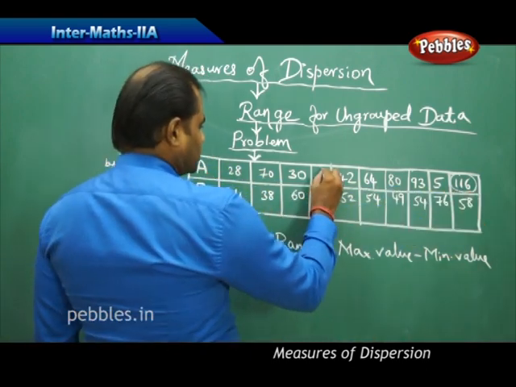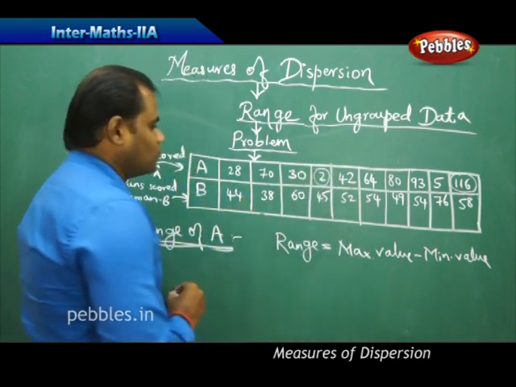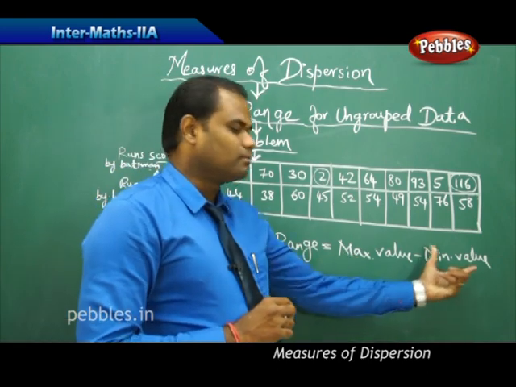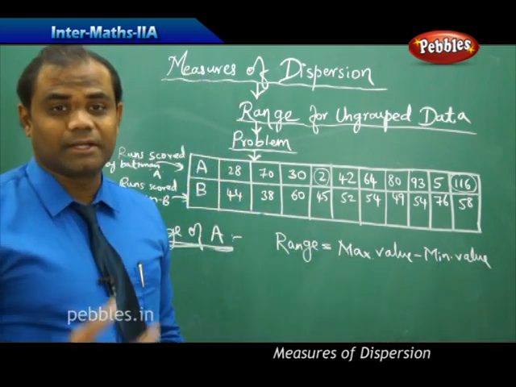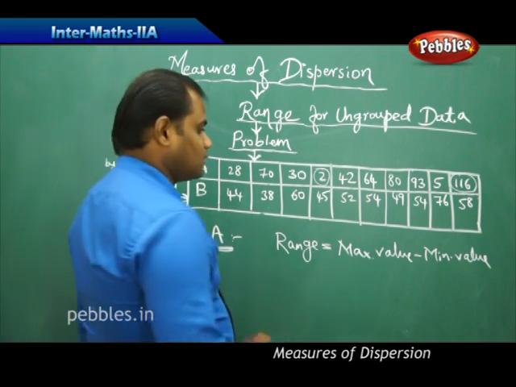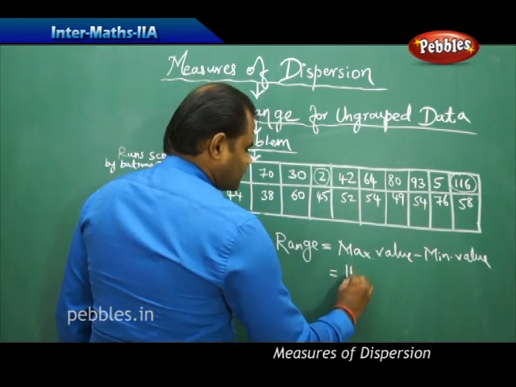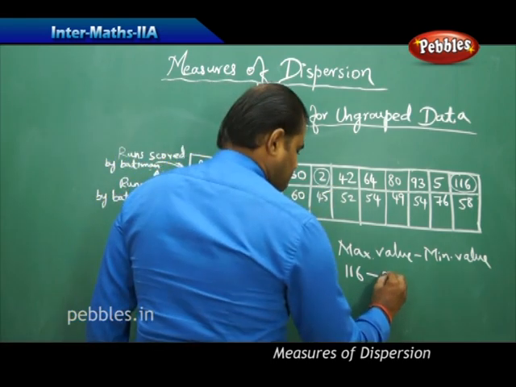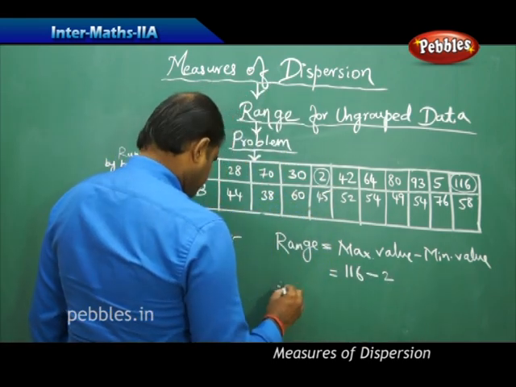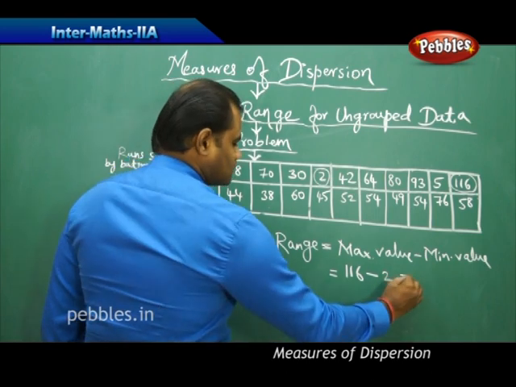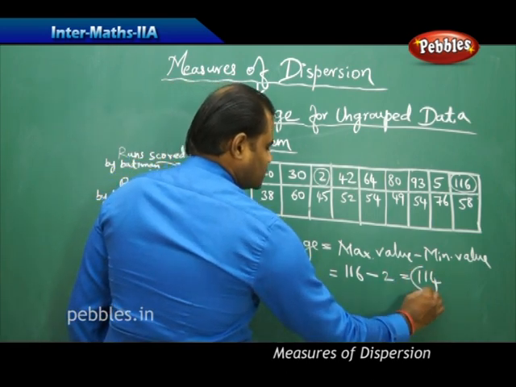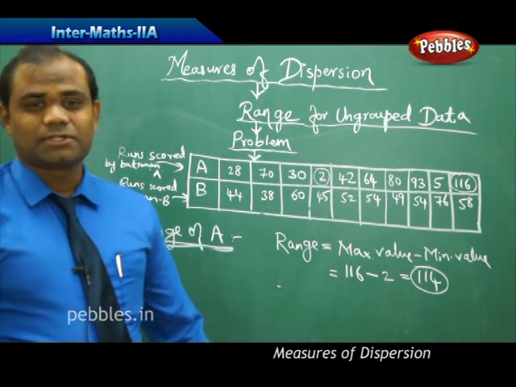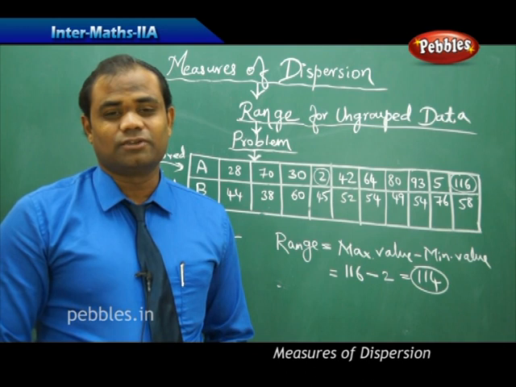Now the lowest score is 2, which is made in the 4th match by batsman A. So my range is maximum value minus minimum value, or the highest value minus the lowest score. Then the highest score being 116 comes first, and the lowest score being 2 comes next. Therefore, the range is 114 for batsman A.